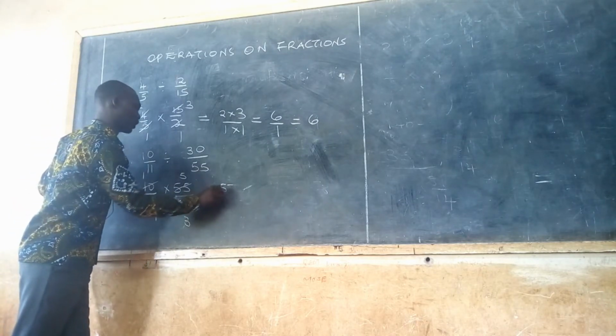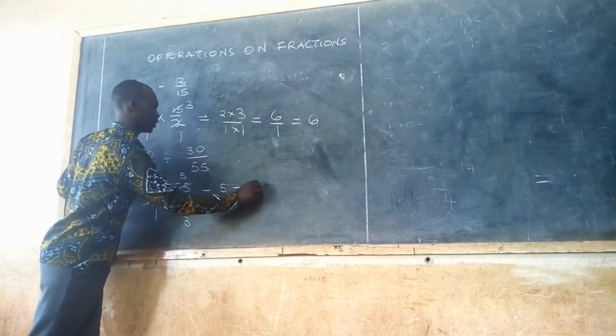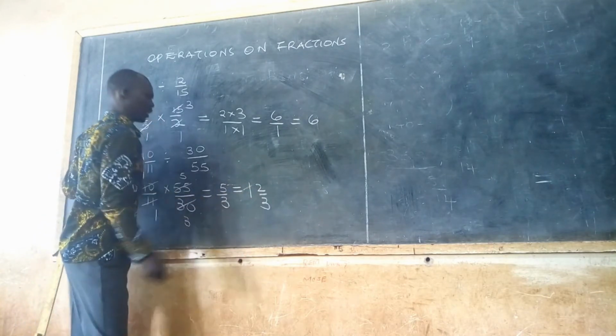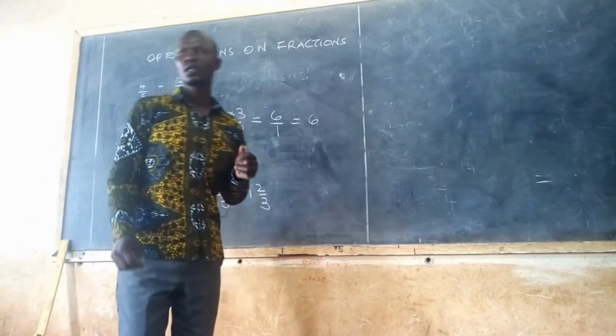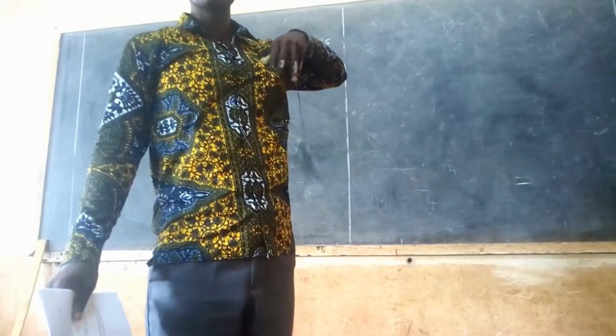That will give us 5 over 3. This one gives us 1 and 2 over 3. So multiplication and division of fractions should not give us trouble at any particular time.